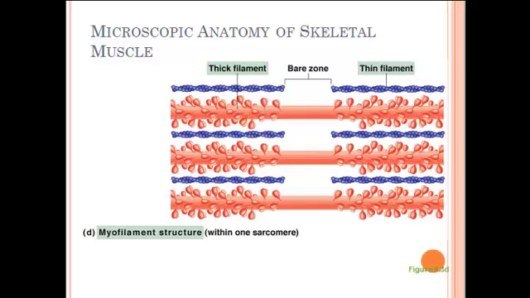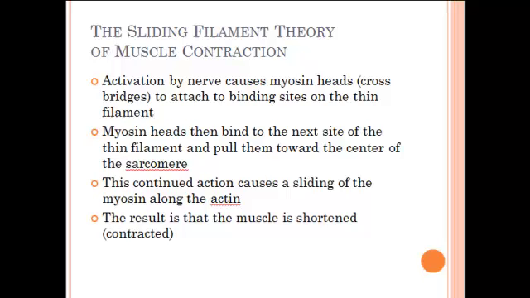So when that electrical impulse comes, it causes these little myosin heads to bind to the thin filament. And then they're going to start moving, and they'll actually pull these thin filaments closer together. That is how the muscle contraction happens. So the activation causes the myosin heads to attach to the thin filaments, and then they start pulling and moving those actin filaments closer together.